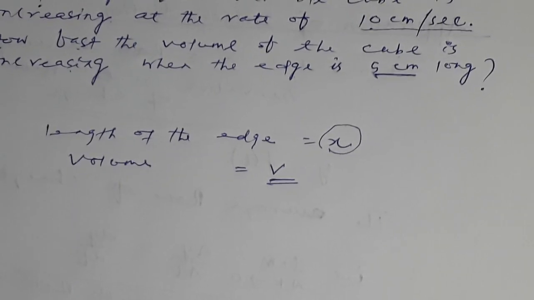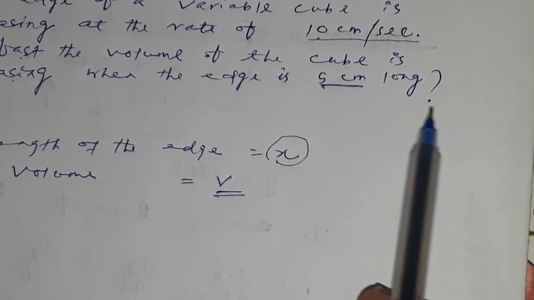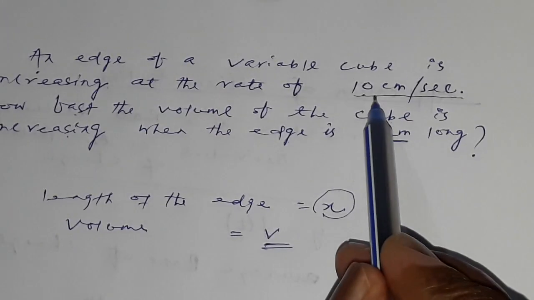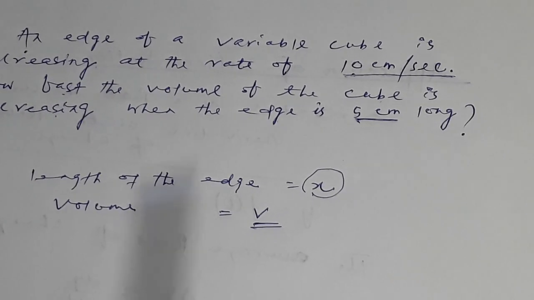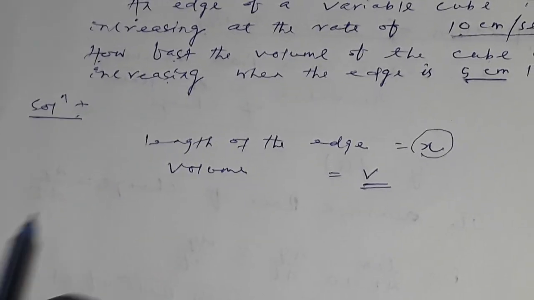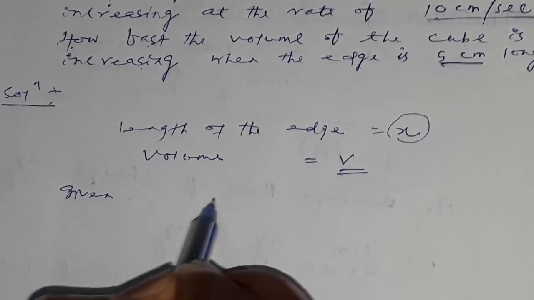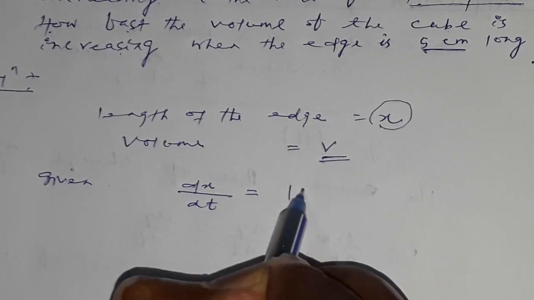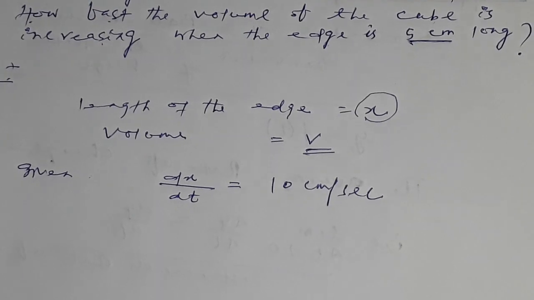It is given that the rate of change of length of the cube with respect to time t is 10 cm per second. So it is given that dx by dt is equals to 10 cm per second.